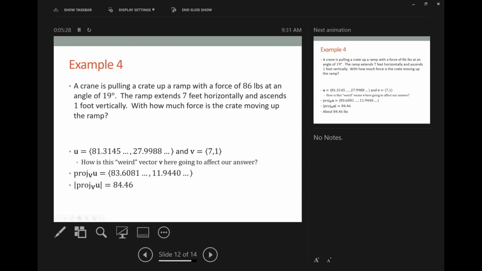Is everybody okay here? So again, our answer then we'd say is about 84.46 pounds.